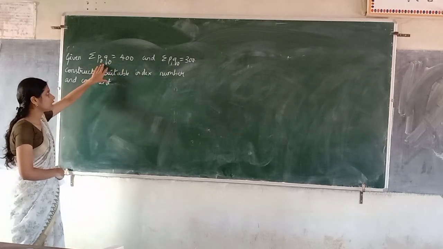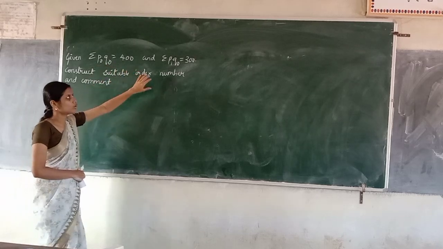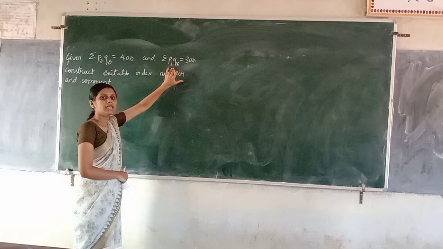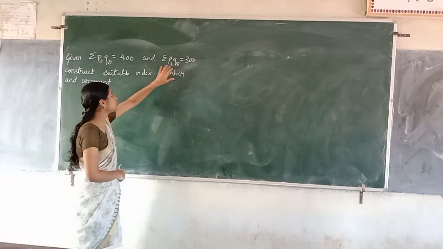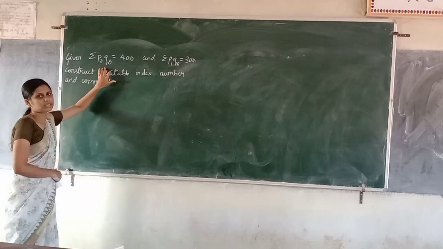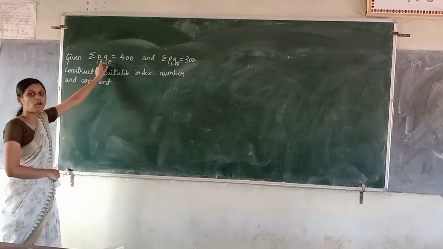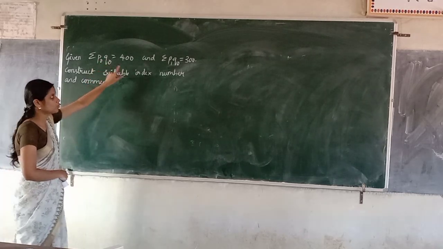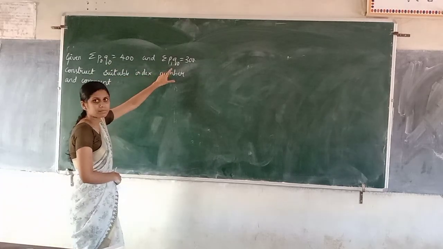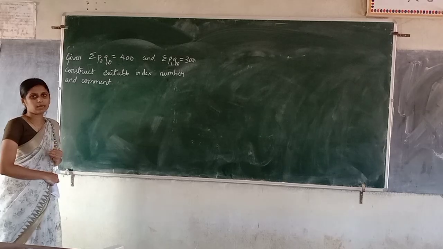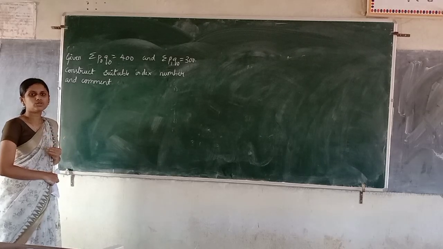See, the information given is summation of P0 Q0 and summation of P1 Q0. Now we are going to see in which index number formula these two are used. See, here Q0, that means base year quantities are used as weight. In last year's price index number, base year quantities are used as weight.